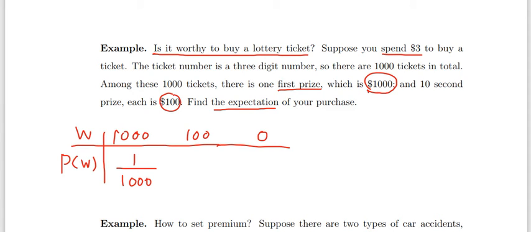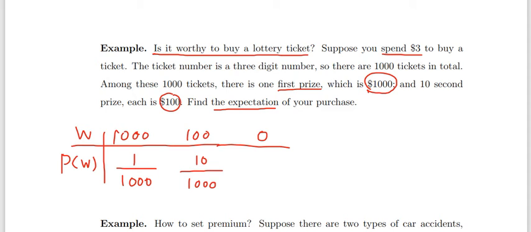For the second prize, among 1,000 tickets, there are 10 second prize tickets.